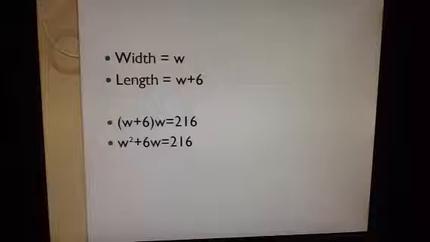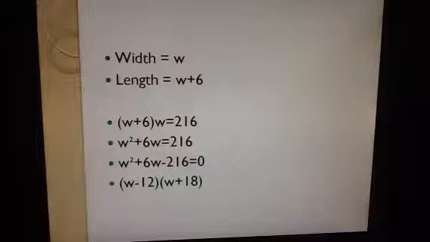You use the distributive property to multiply w times w and w times 6, which gives you w squared plus 6w equals 216. Then you have to subtract 216 from both sides to set the equation equal to 0.